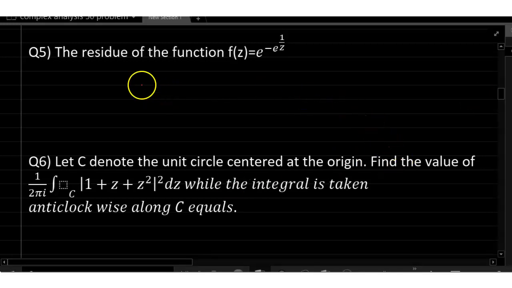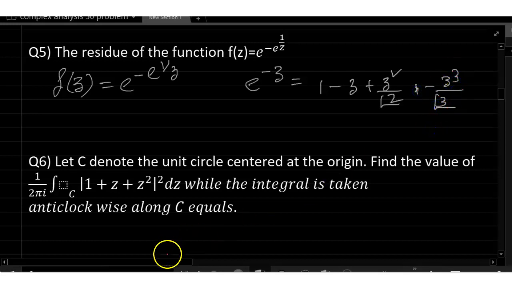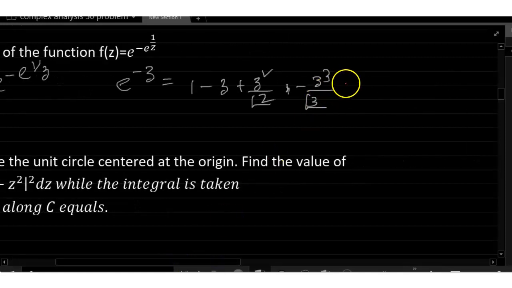So friends, you see that f(z) = e^(-e^(1/z)), and the formula is that e^(-z) is 1 - z + z^2/2 factorial - z^3/3 factorial + z^4/4 factorial - up to infinity.